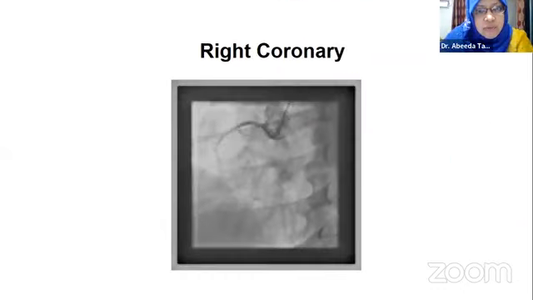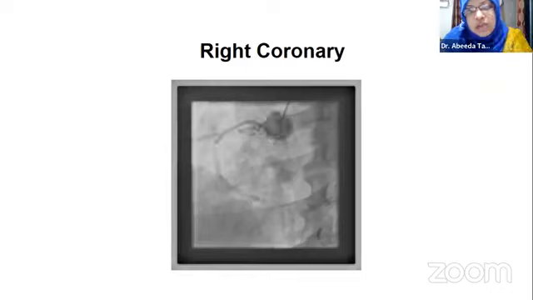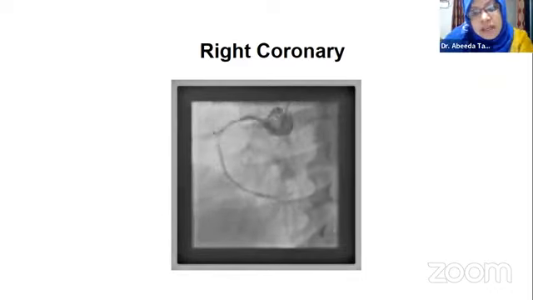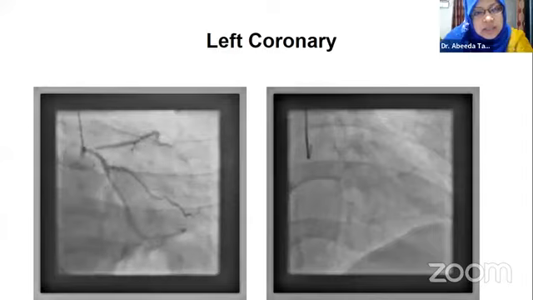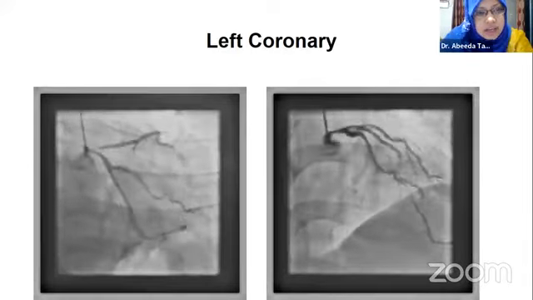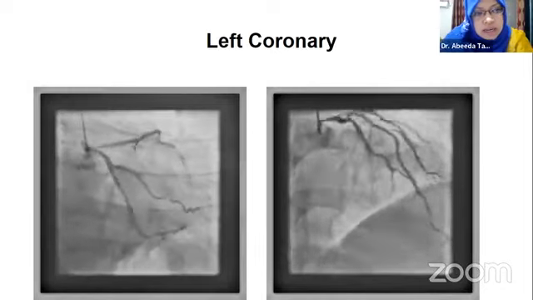So immediately we took the patient and did the angiogram because the patient's symptom again increased. Here we can see the patent stent in the right coronary artery, and here we can see there is a lesion in the ostial proximal LAD.